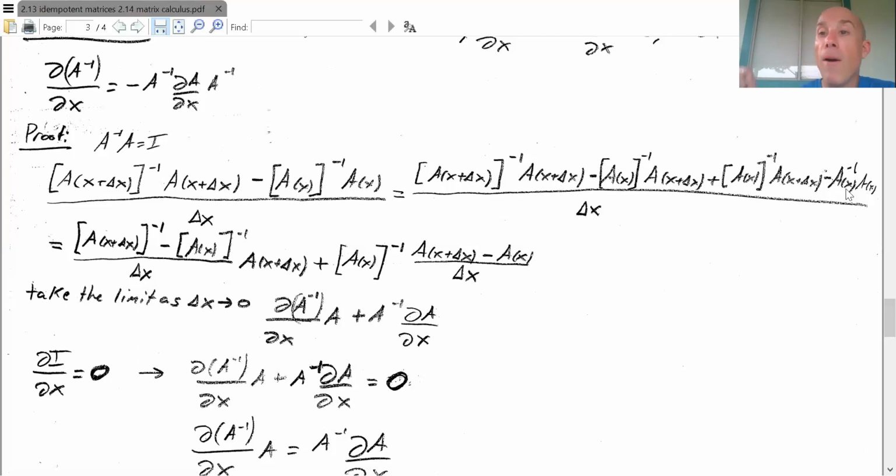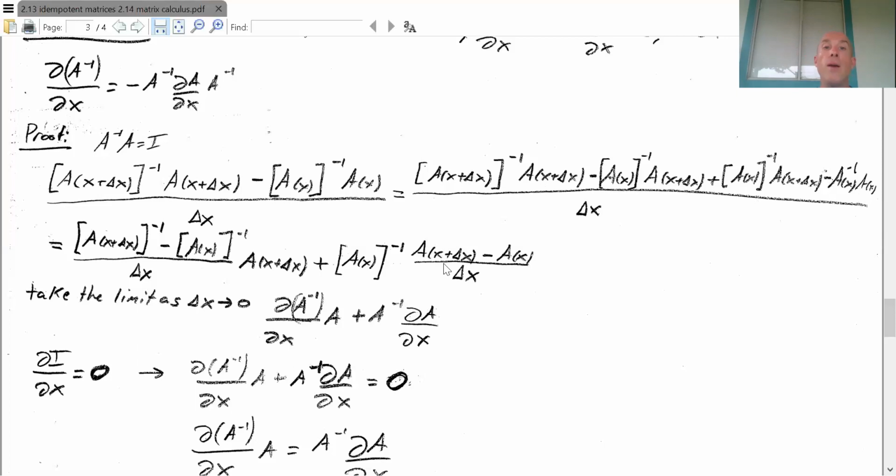I'm going to factor A of x inverse out. So when I factor out A of x plus delta x, I get this term here. Now over here, I'm going to factor out A of x inverse. When I do that, I get A of x inverse in front of this fraction.